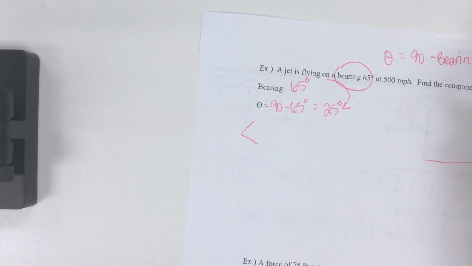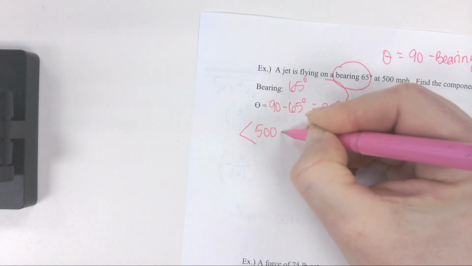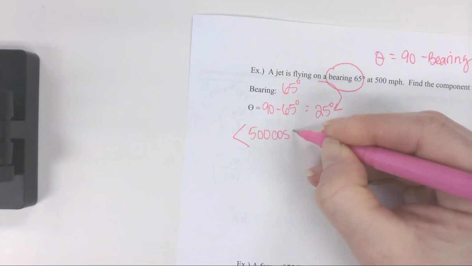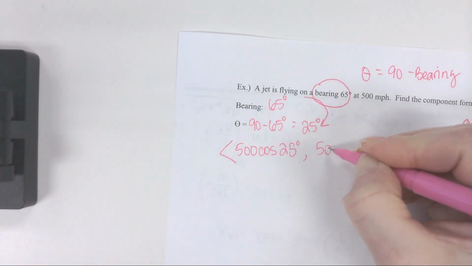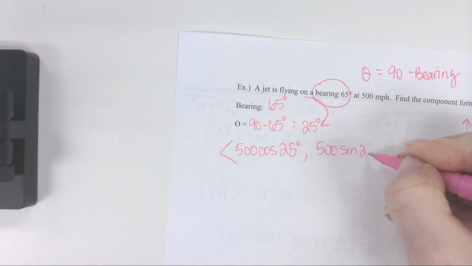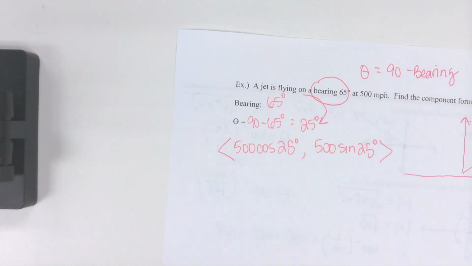So it would just be 500 cosine of 25 and 500 sine of 25. Okay, I need some helpers. That equation always works. Which equation? For component form? Like the magnitude times the sine. Yep.